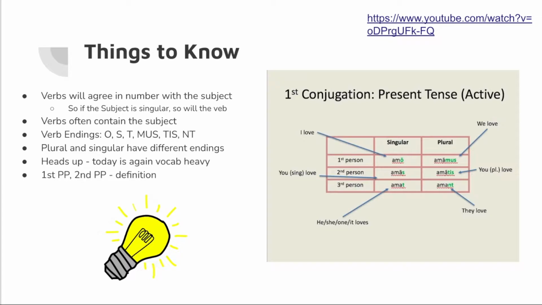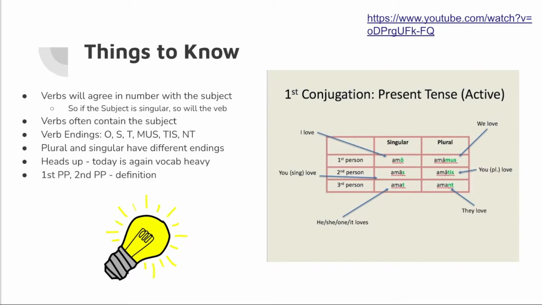Today again is vocab heavy, and the dictionary entry for a verb is the first principal part, the second principal part, and the definition. The first principal part is always the first person singular of the first conjugation. So for amo, it would be amo. The second principal part is its infinitive. You form the infinitive by taking away the o, replacing it with an a, and then adding re.